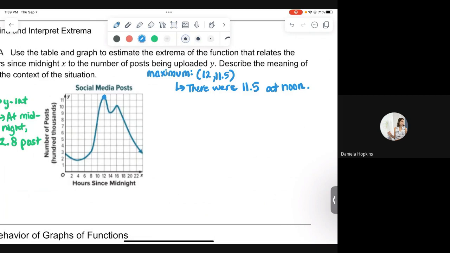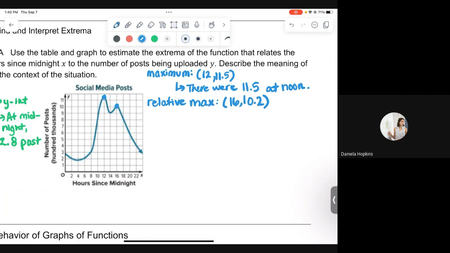All right, so after our maximum, let's look for our relative maximum. We do have a relative max right here. That coordinate point is at 16, 10, and I actually think it's 10.2. I got that 0.2 out of the table. But what does it mean?